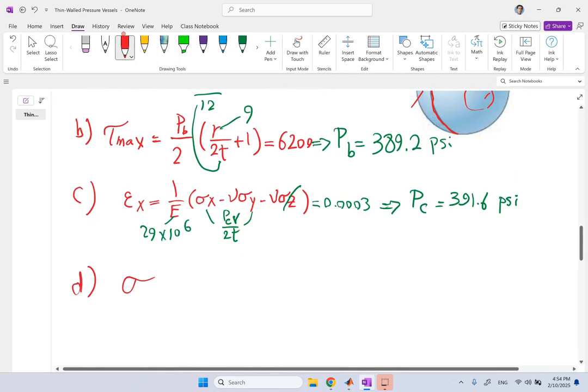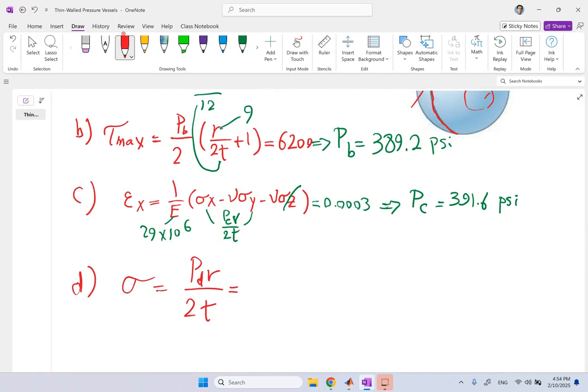So your sigma max, which is still PR over 2t, and you call it PD, this should be equal to that 42,000 divided by the safety factor 2.5. Okay, so clearly you have to pay attention to that portion.